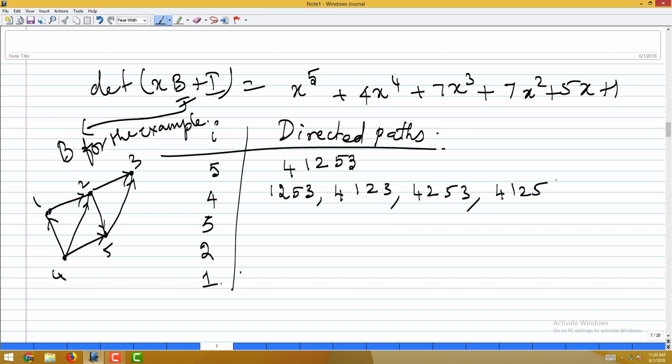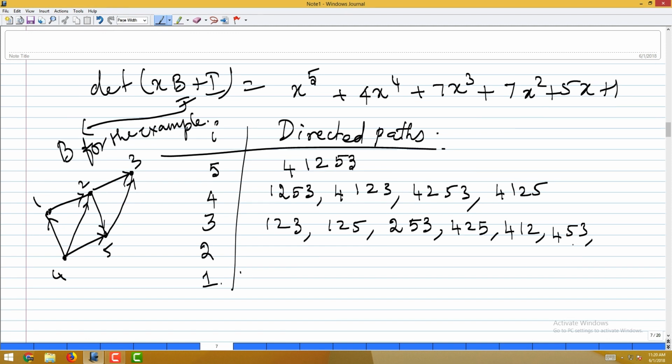Now, for 3 vertices: 1, 2, 3; 1, 2, 5; 2, 5, 3; 4, 2, 5; 4, 1, 2; 4, 5, 3.